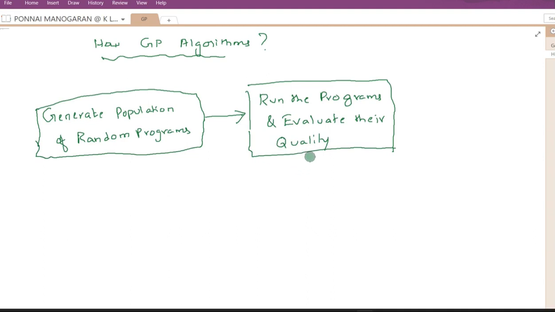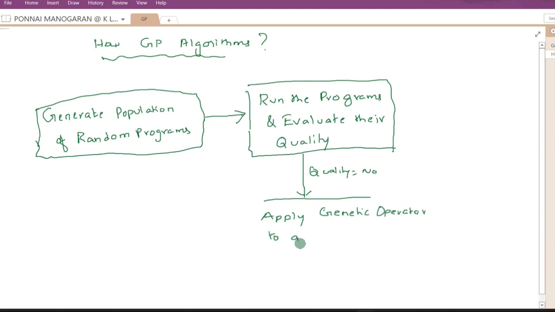After running the programs and evaluating their quality, if the quality is not satisfied, or if we have less than the maximum number of iterations, you can apply some genetic operators to generate a new population of random programs.